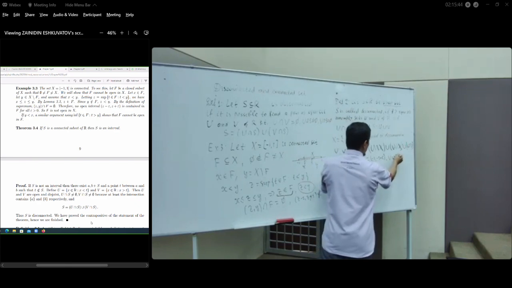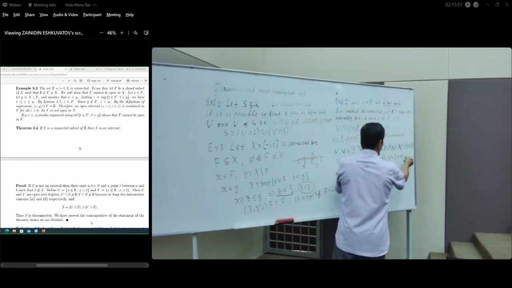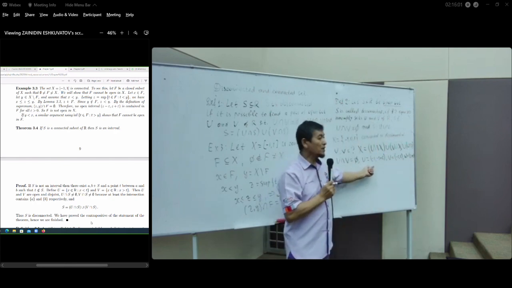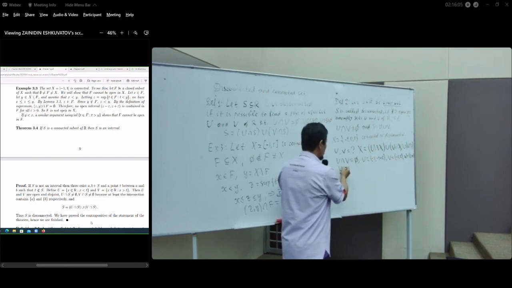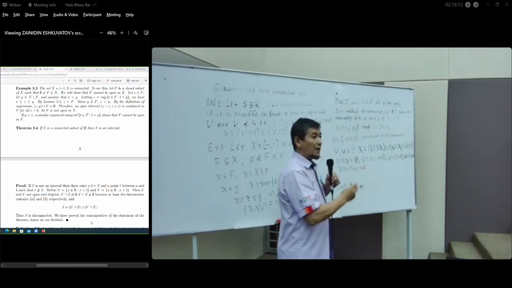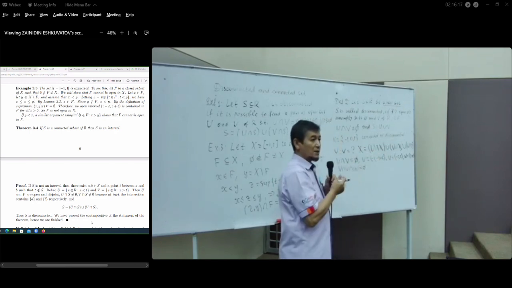V is 0 minus epsilon plus epsilon. And W is 1 plus epsilon. So I'm constructing three. They are disjoint: the intersection of U, V, W is the empty set. And the intersection of U with X is non-empty, the intersection of V with X is non-empty, and so on.